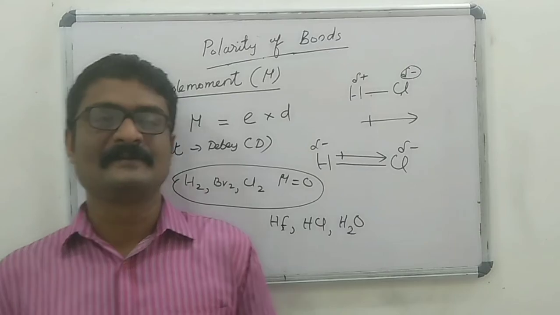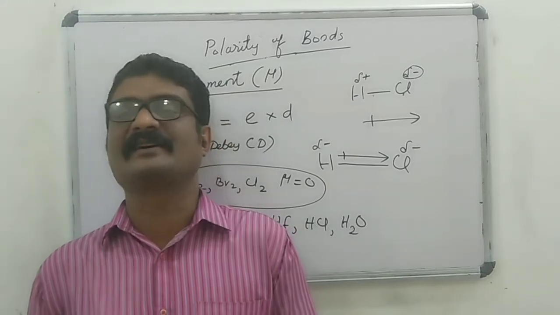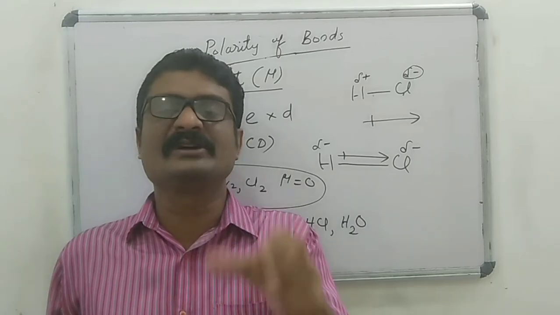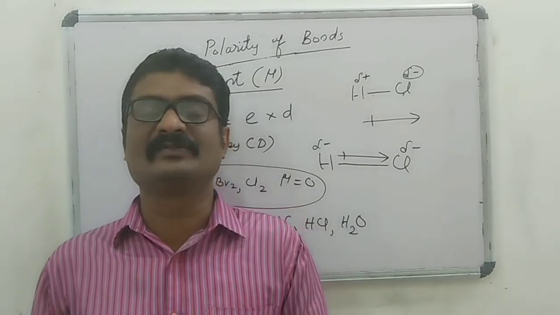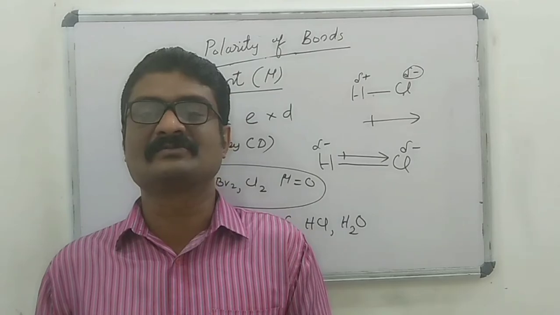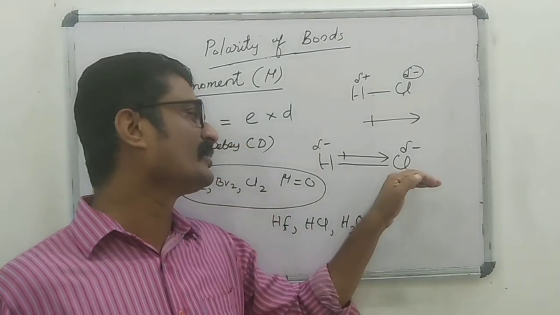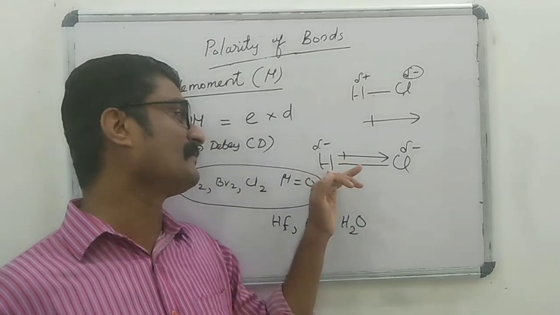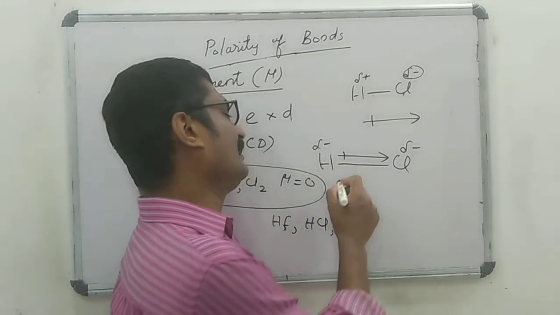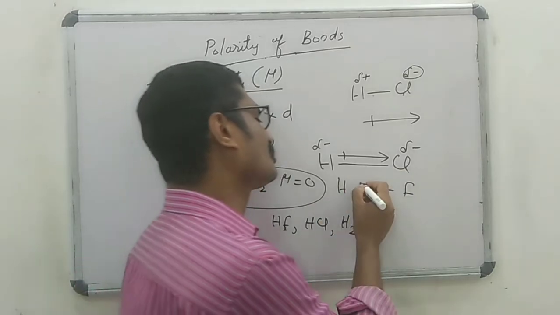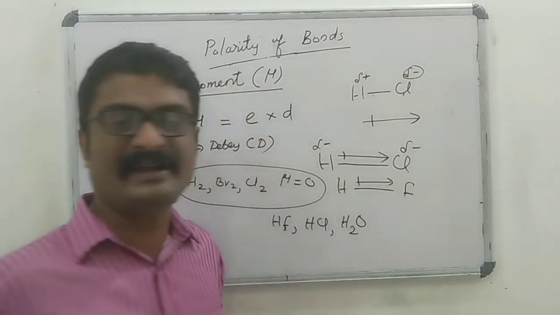Molecules like HF, HCl, etc. have large dipole moment due to the greater electronegativity of fluorine and chlorine than hydrogen. In HCl, chlorine is more electronegative than hydrogen, and at the same time, in HF, fluorine is more electronegative than hydrogen.